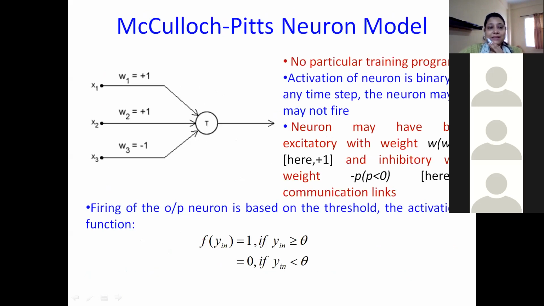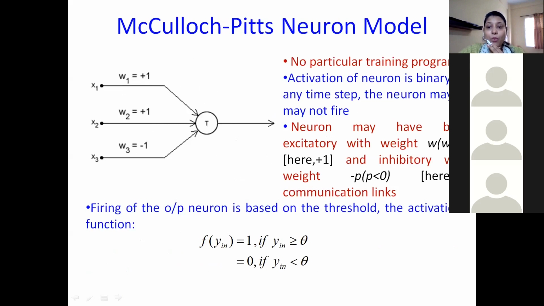Here you can see the input nodes, and suppose this is the weight matrix. If you closely observe the figure, you can see that the weights can be +1 or -1. That means weights can be either positive or negative.